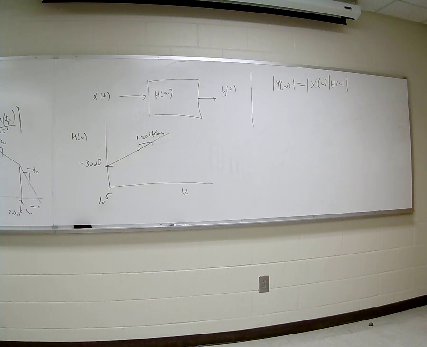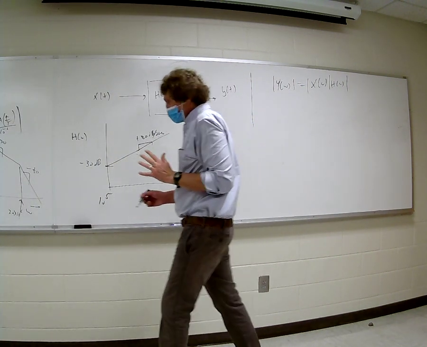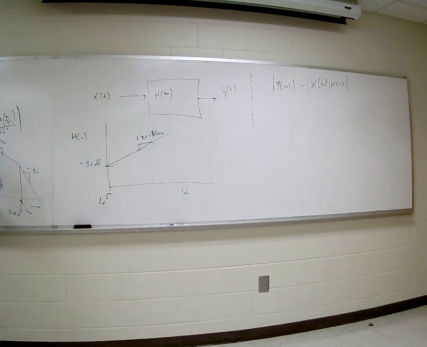Just think circuits, AC circuits. At a given frequency, you find out what the transfer function is in omega, you can get the output by multiplying input by the transfer function. So in this case, this is my waveform, x of omega, and I have to multiply it by that.